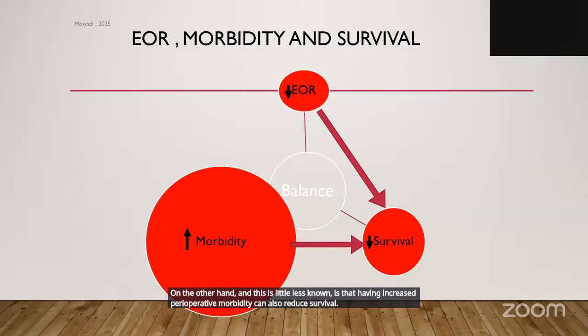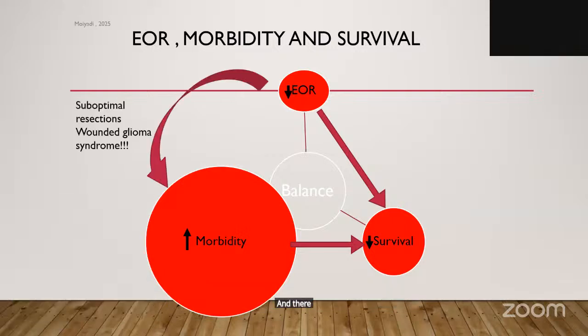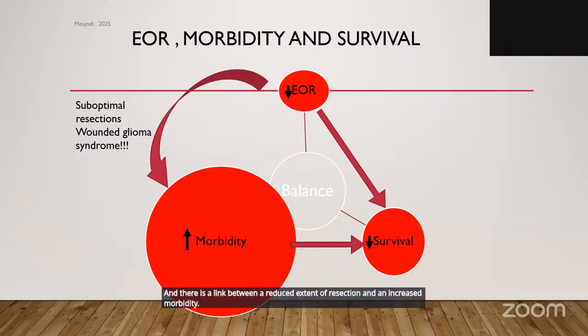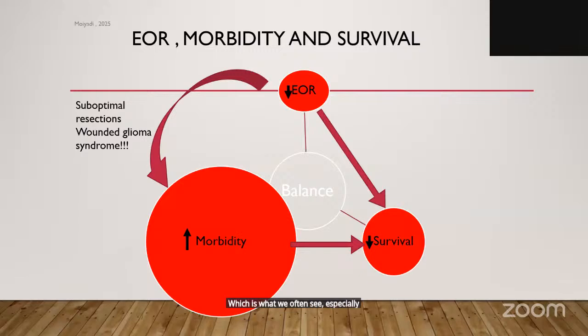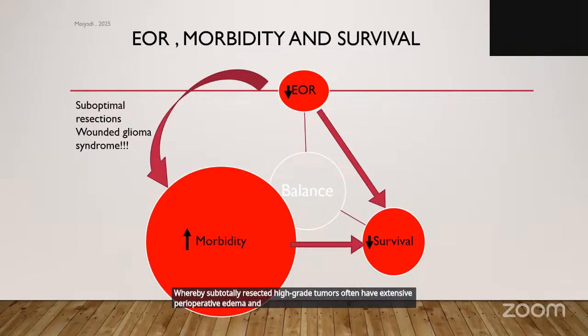There is a link between a reduced extent of resection and increased morbidity, which is what we often see, especially in high-grade gliomas, in the syndrome of the wounded glioma, whereby subtotally resected high-grade tumors often have extensive perioperative edema and morbidity. Both of these factors, reduced extent of resection and increased morbidity, can negatively impact survival.